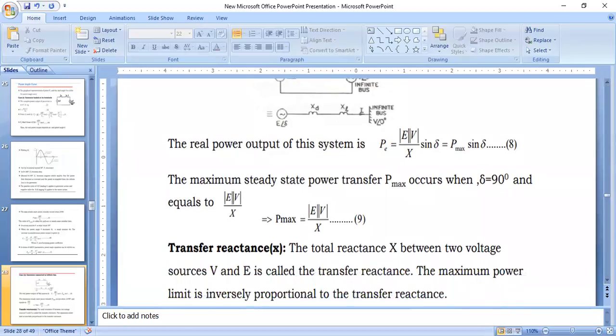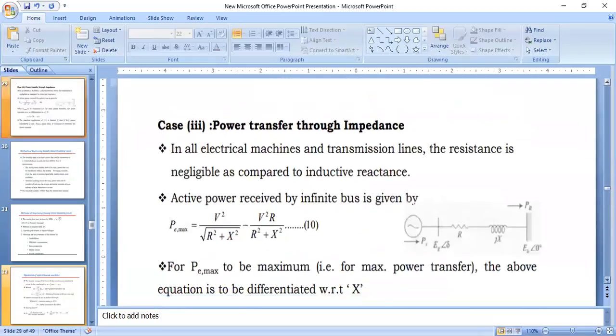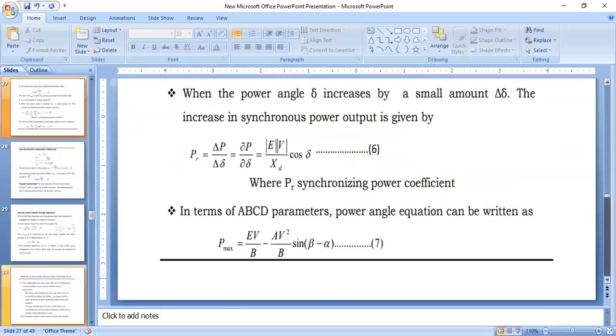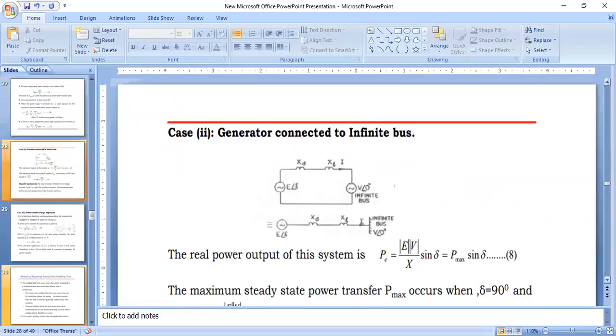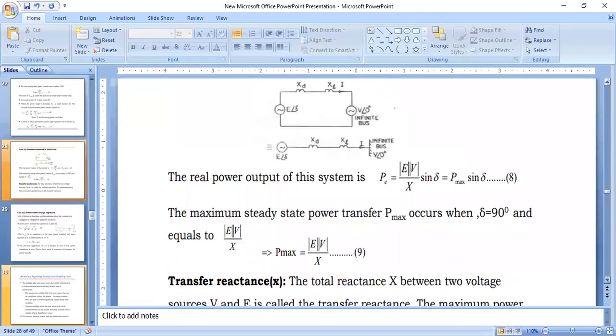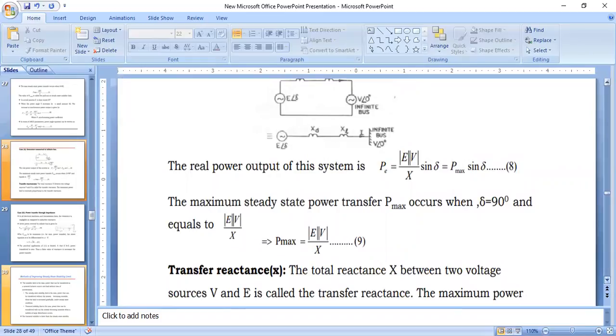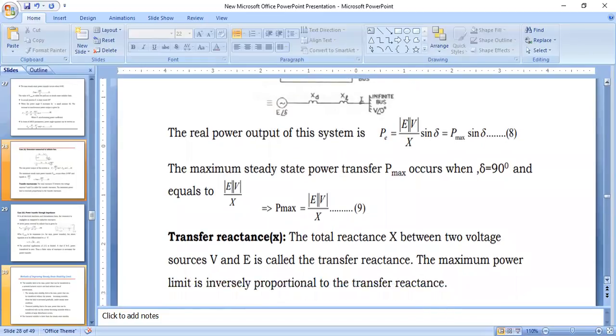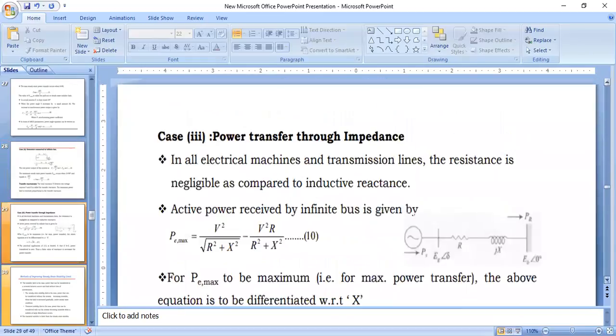The maximum steady state power transfer, P maximum, occurs when delta is equal to 90 degrees and equals EV/X. The transfer reactance X, that is the total reactance between the two voltage sources V and E, is called the transfer reactance. The maximum power limit is inversely proportional to the transfer reactance.